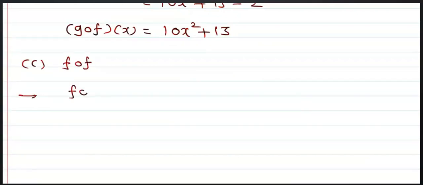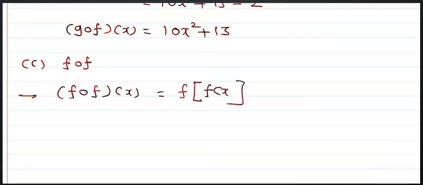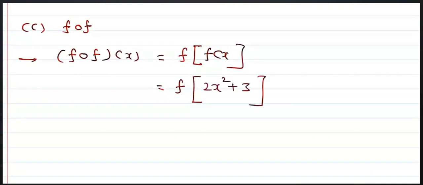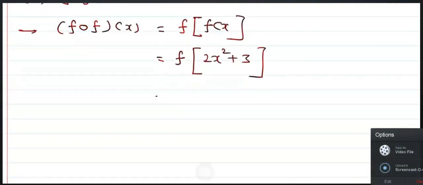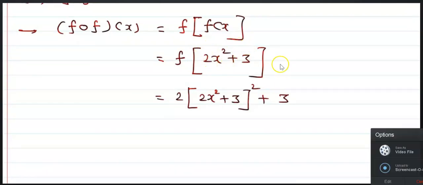Now next is FOF. FOF means what? F of f of x. But what is f of x? F of x is 2x square plus 3. Again, f of 2x square plus 3 means what? 2 in bracket 2x square plus 3 bracket square plus 3.